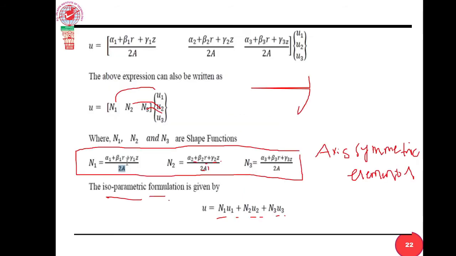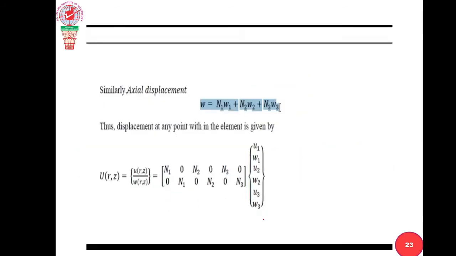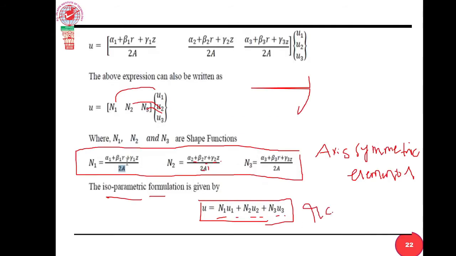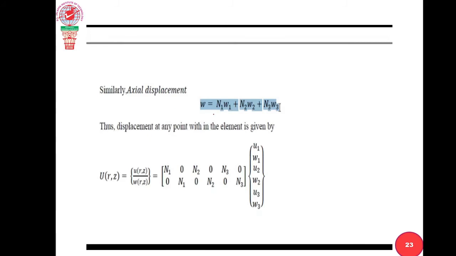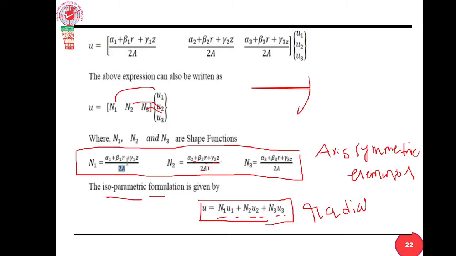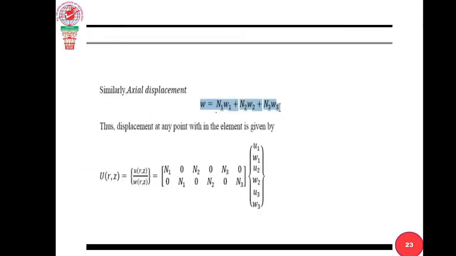Similarly, this is for radial displacement, not axial, radial direction. If you want axial displacement, in place of u, what do you replace it with? W. W is equal to N1 W1, N2 W2, N3 W3.